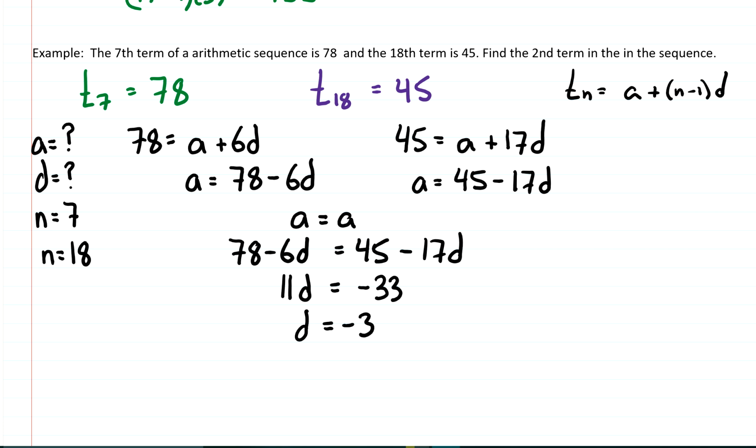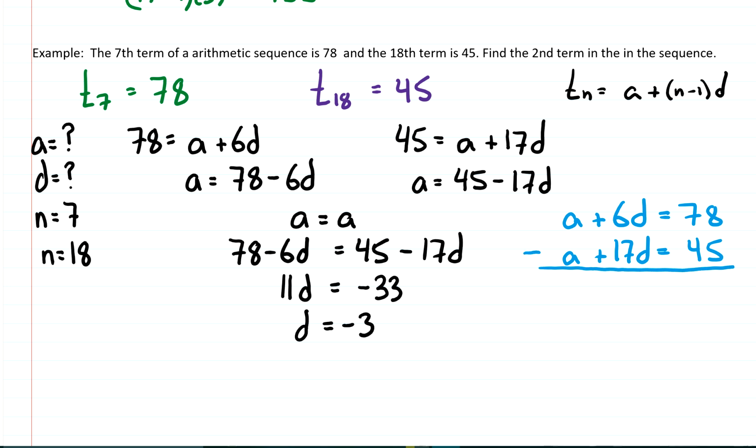An alternate way to do that, sometimes different ways are faster. Our first equation was A plus 6D equaled 78, and the second equation was A plus 17D is equal to 45. So we can actually solve this by a process called elimination, which is where we just subtract the two equations from each other.